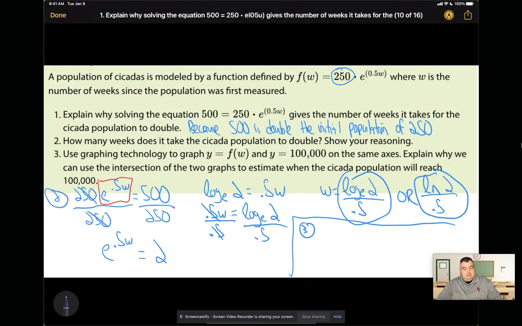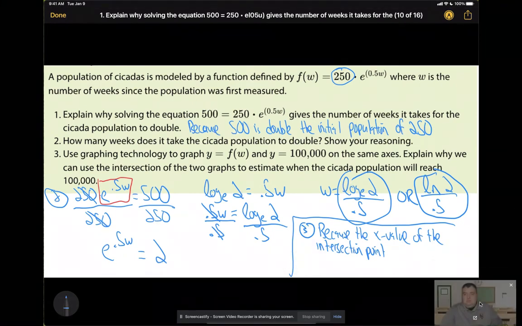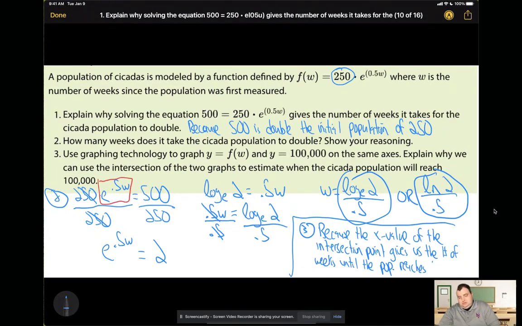So for number 3, I am going to write: because the x value of the intersection point gives us the number of weeks until the population reaches 100,000.